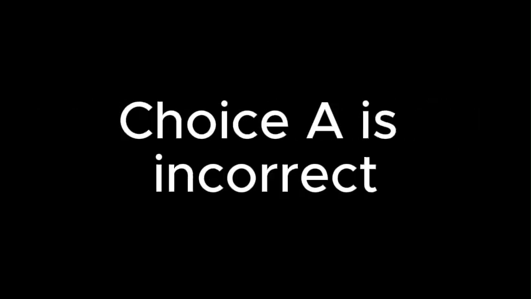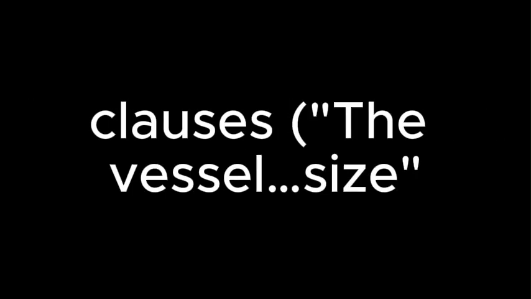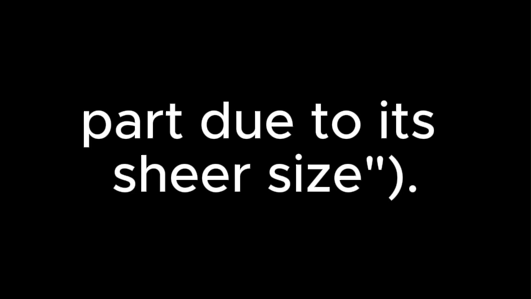Choice A is incorrect because it results in a comma splice. A comma can't be used in this way to mark the boundary between two main clauses, the vessel's size and its load. Additionally, it fails to mark the boundary between the main clause, the vessel took 6 days to dislodge, and the supplementary element, in part due to its sheer size.